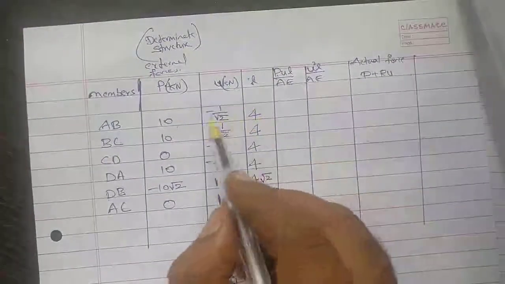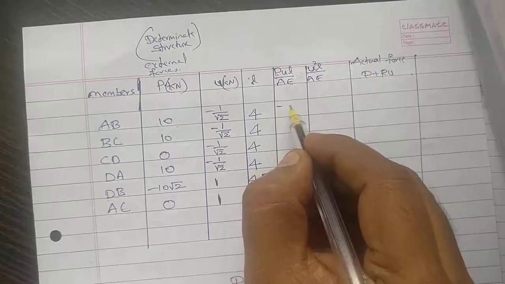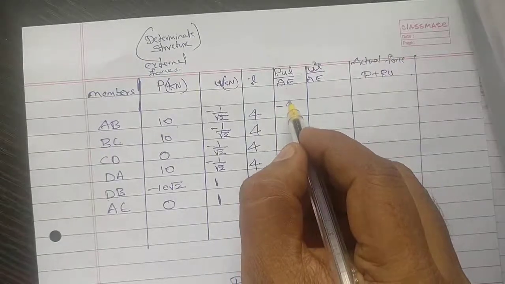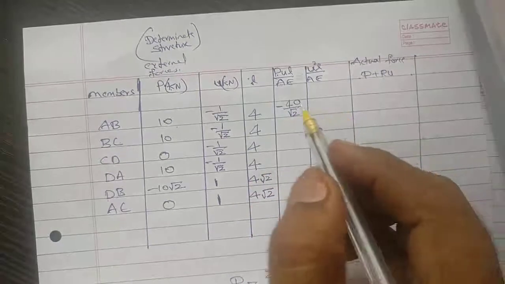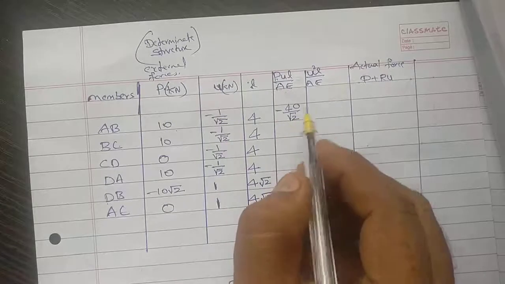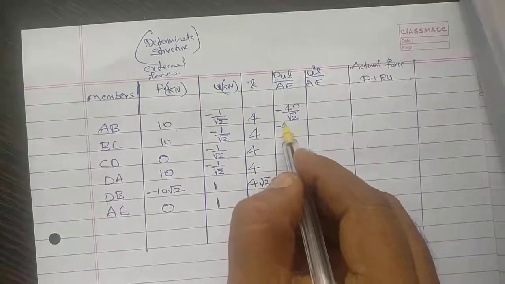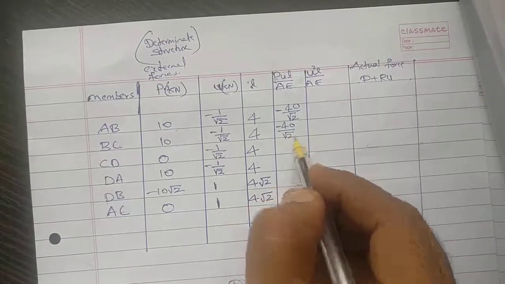So what we get? 40 minus 40 by root 2. Again minus 40 by root 2.